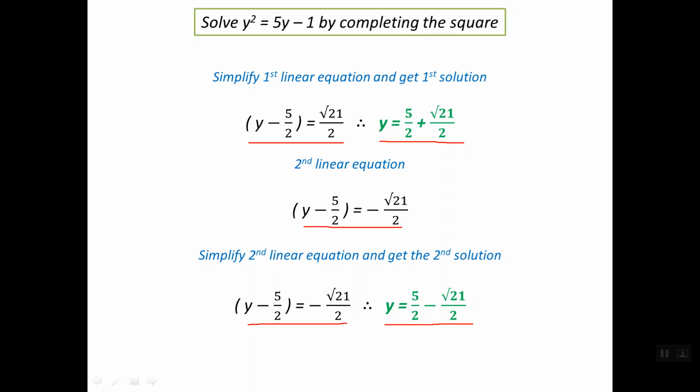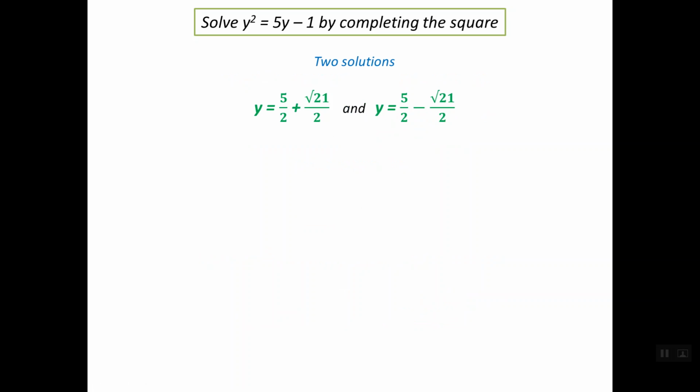So we have here two solutions. This is the first one, and this is the second one. So these are the two solutions we get for y. Now we can check the first solution.